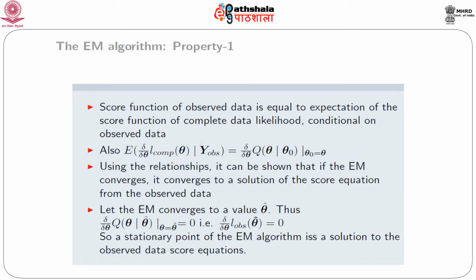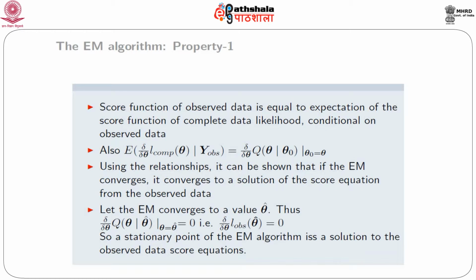So, we started with the score function of the observed data, which is del theta of L observed theta, and it is equal to the expectation of the score function of the complete data likelihood conditional on the observed data.